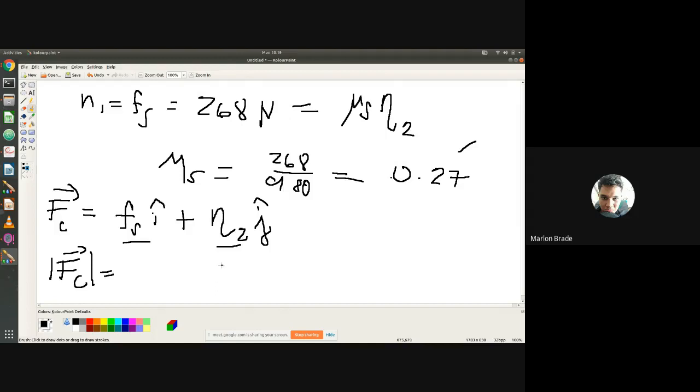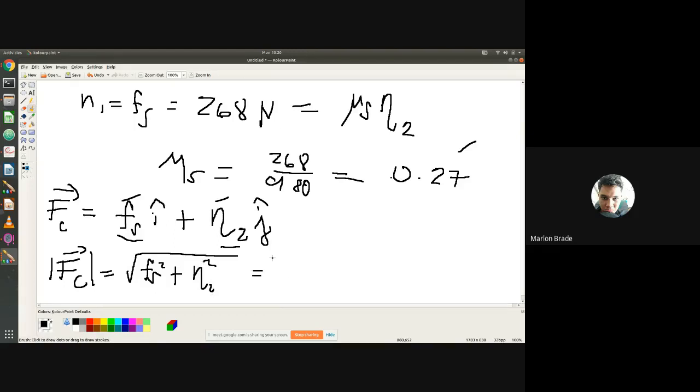What is the magnitude of Fc? Guys, how do we solve for the magnitude of a vector? It is the square root of Fs squared plus N2 squared, right?